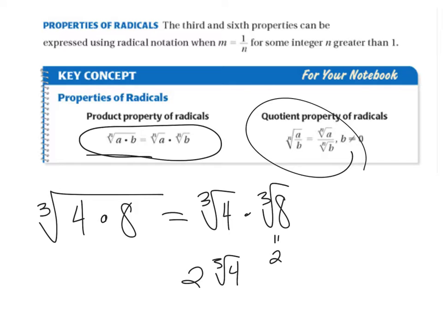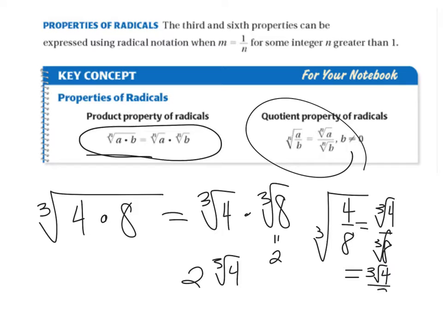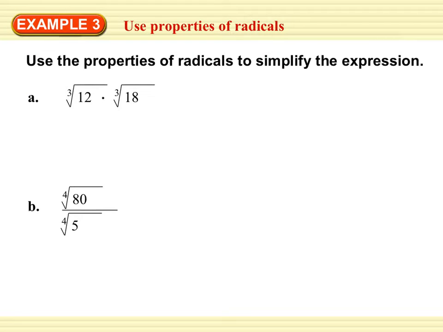Okay, same here. If I have a big root over a fraction like 4 over 8, I can say that's the same as the third root of 4 over the third root of 8, which is the third root of 4 over 2. So I can use the product property of radicals and quotient property of radicals to my advantage. So let's try it here. They're both third root. I'm going to use the product property to simplify.